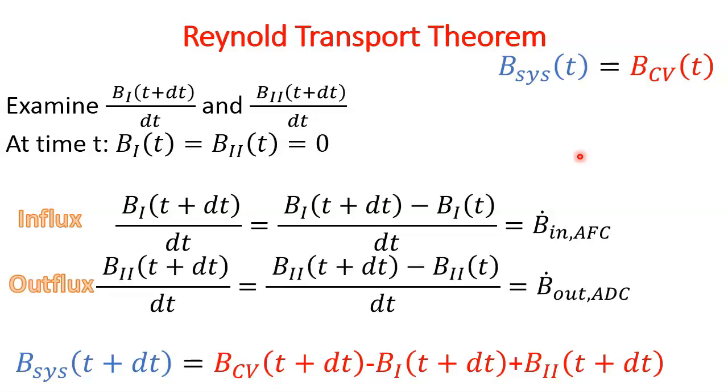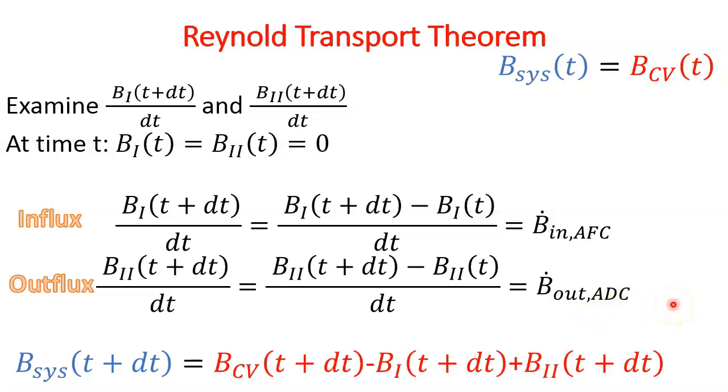Similarly, we can raise an expression for outflux, which is pertaining to region 2, and the extensive parameter B in the region 2 per unit dt we can rewrite by exploring B2 at t, which is 0, and then it looks like this, which is representing the outflux through the surface ADC we have referred to in the earlier diagram.